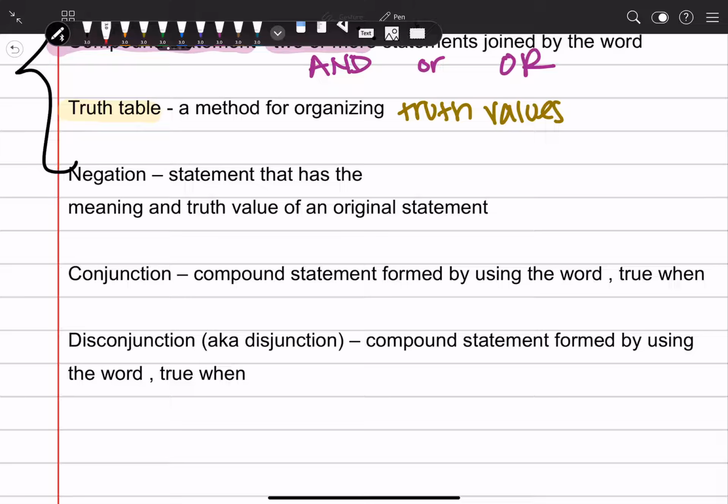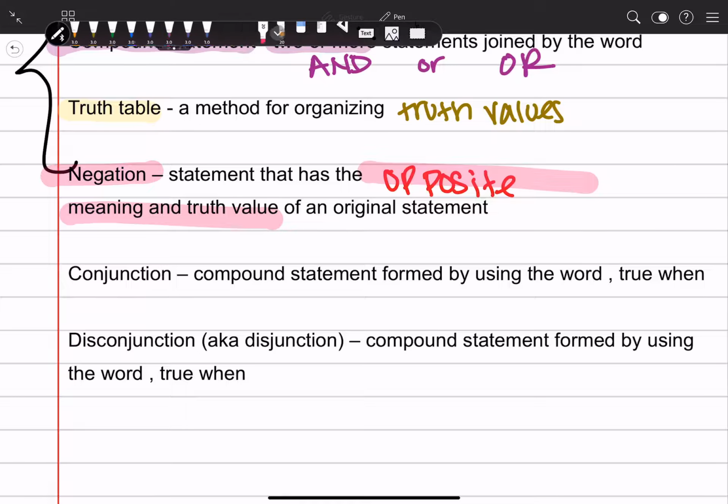So the first one is going to be negation. So think negative in the sense that something that has the opposite meaning and truth value of an original statement. All right, so negation is the opposite meaning and truth value of an original statement.